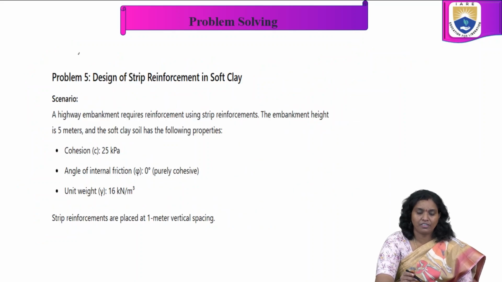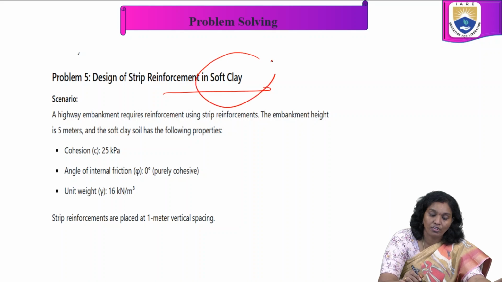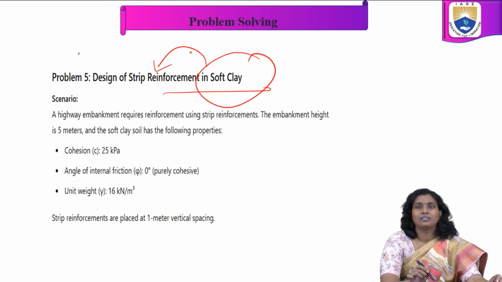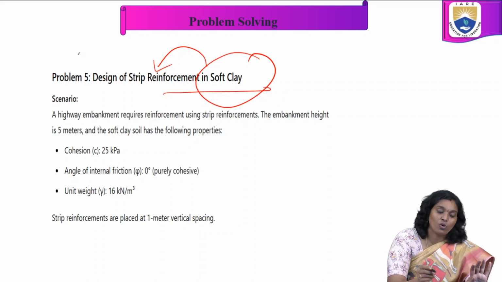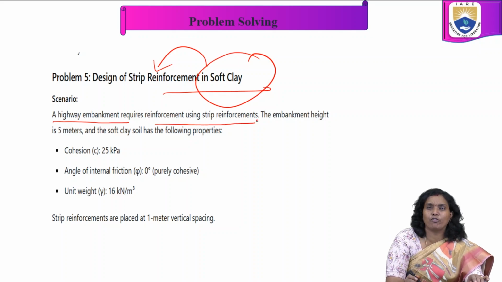Now design of strip reinforcement in soft clay. Whenever soft clay is there, we choose strip reinforcement for getting the desired properties. In this scenario, a highway embankment requires reinforcement using strip reinforcement.